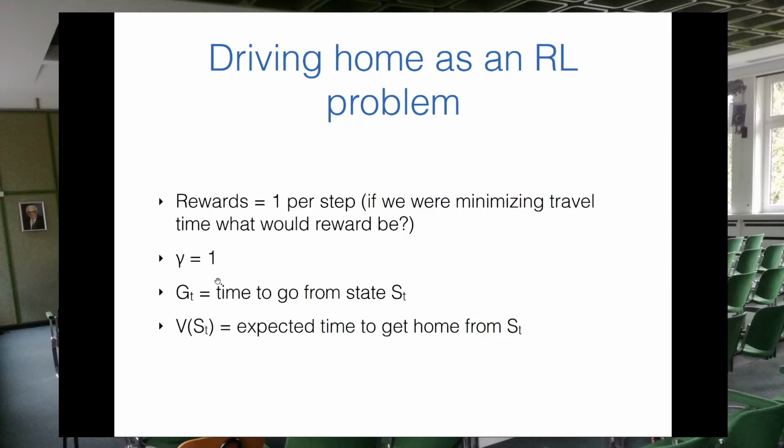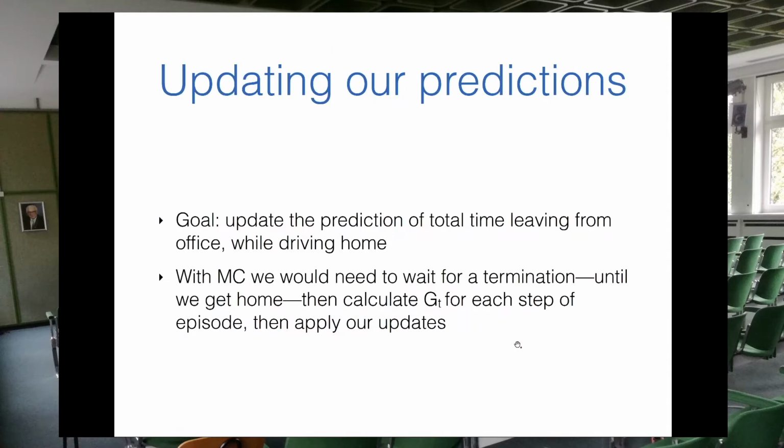In this case, it is going to be an undiscounted problem, so gamma is going to be 1. In this exercise, G is going to be the time to go from a state at time step T, and the value is going to be the expected time to get home from the current state at time step T. So the goal is to update the prediction of the total time leaving from the office while you're driving home.